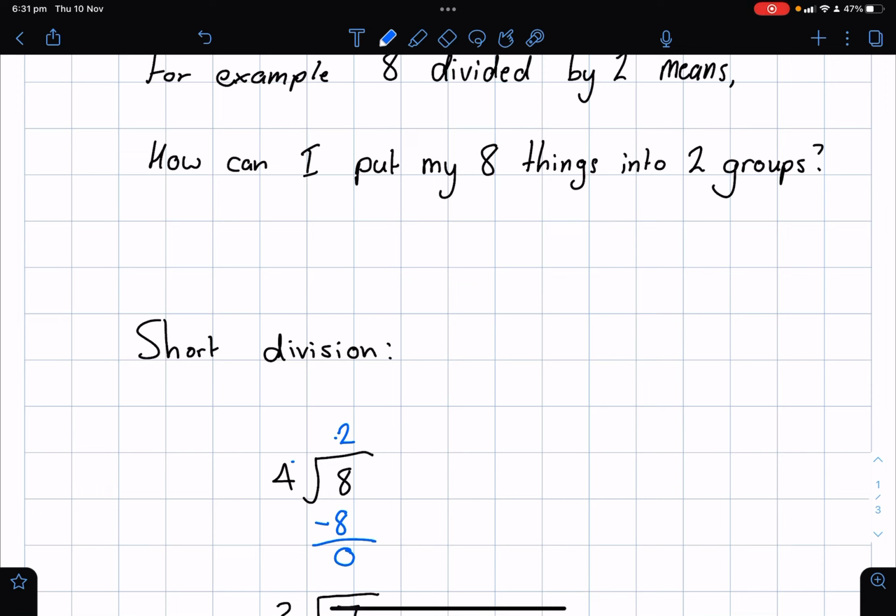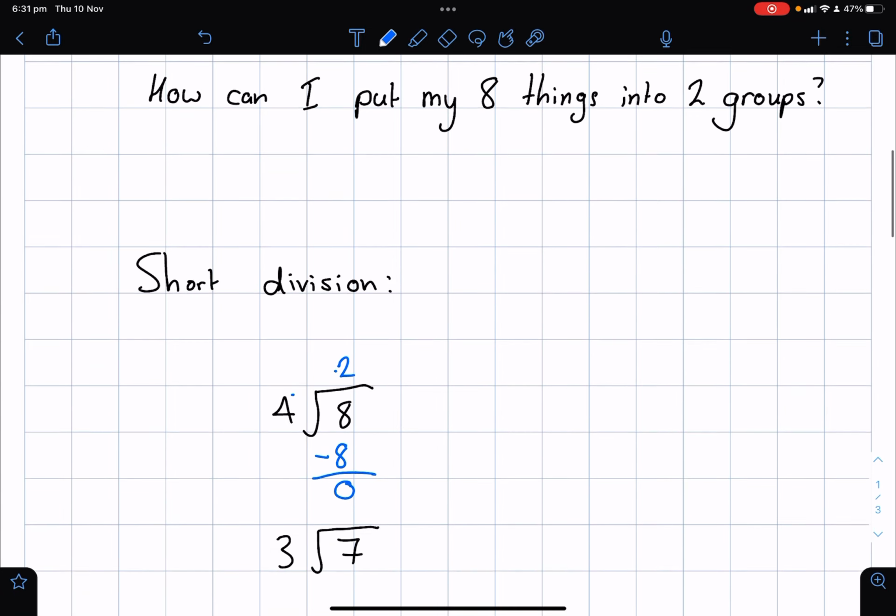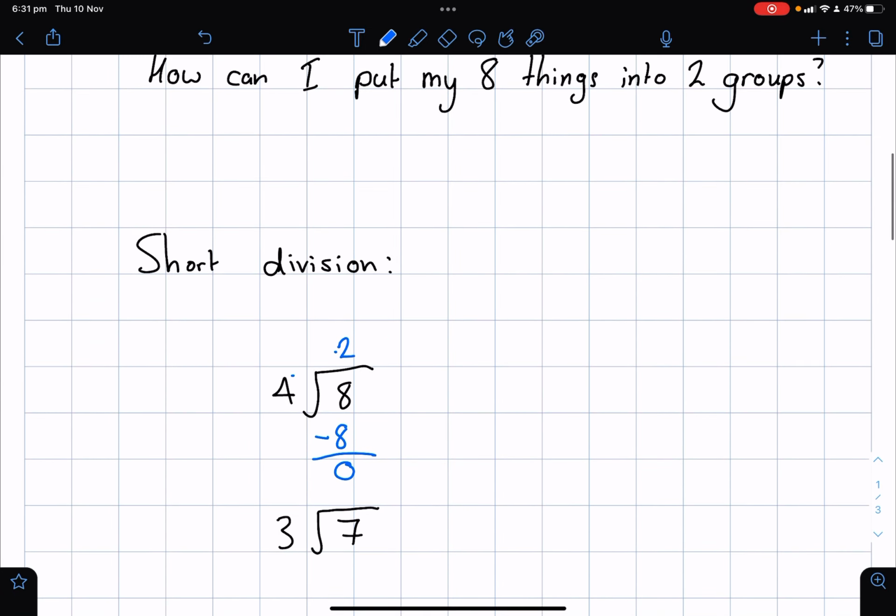Okay. This process is really, really important when there are actually remainders. So let's have a look at this example here. So how many times does 3 go into 7? Now, 3 doesn't evenly go into 7, does it? Because we've got 3, and then we've got 6, and then we've got 9. But 6 is almost 7, and 3 goes into 6 2 times.